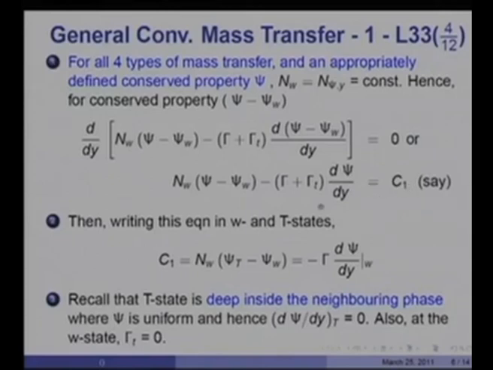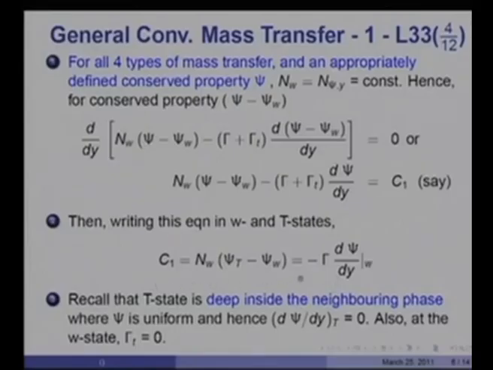Therefore, equating the two equations because they are both equal to C1, I would get C1 equal to N_W (psi t minus psi w) equal to minus gamma d psi by dy at w. And at the w state, of course, gamma t is equal to 0. So, that is what I have stated here.